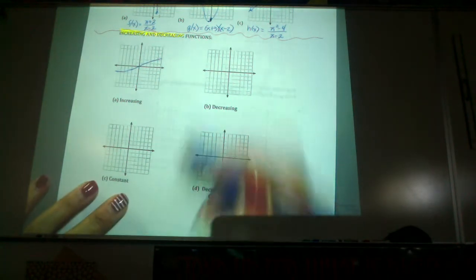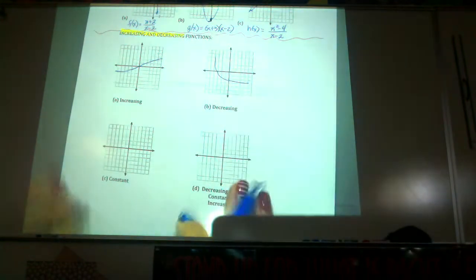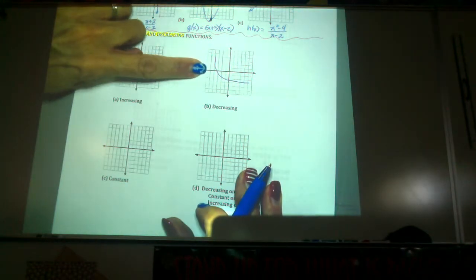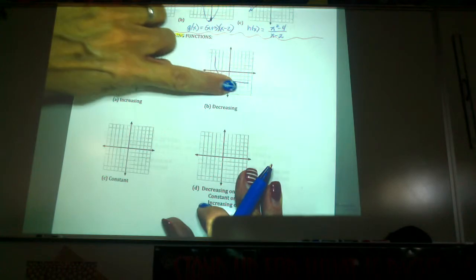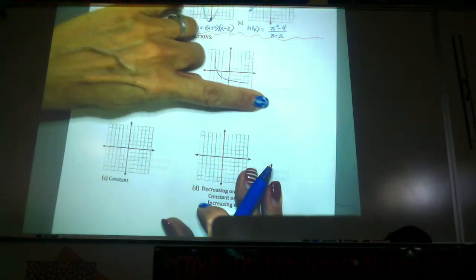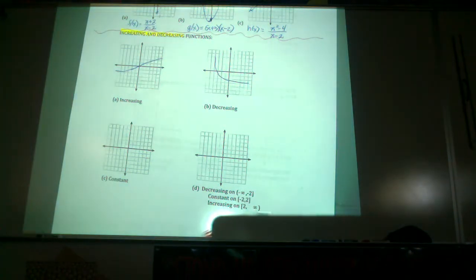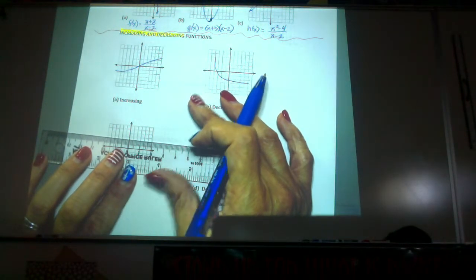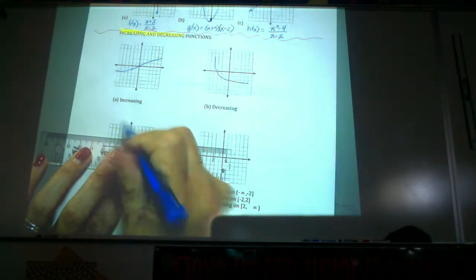A decreasing function might look like this. As I go from left to right, y is decreasing, decreasing, decreasing. It's shallowing off, but it's still decreasing. Then you can have a constant, and a constant just means that there is no change in y from left to right, so it would be any horizontal line, anywhere.